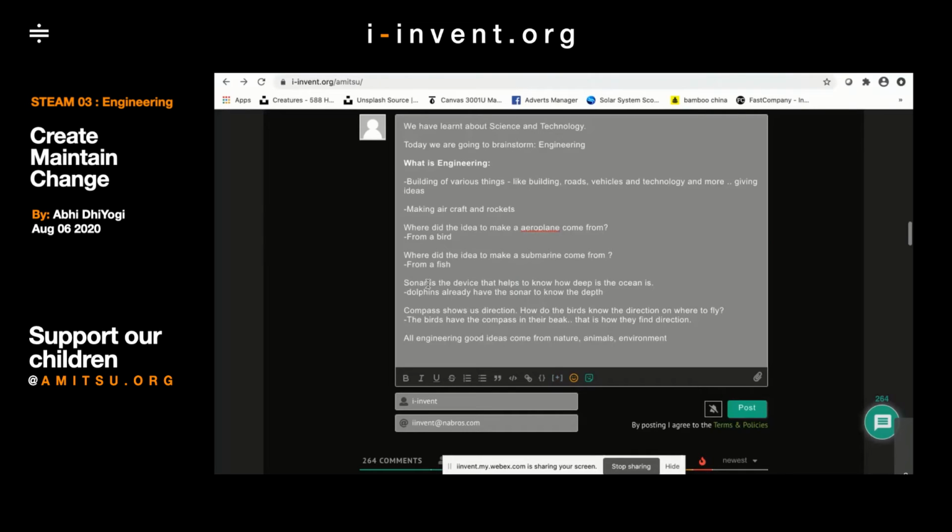Then for making submarine, we copied from fish, correct? How a fish works, we copied that, to make it. So for making anything, engineering, good ideas, if you want to make something, where can you copy it from? The nature around you, correct?